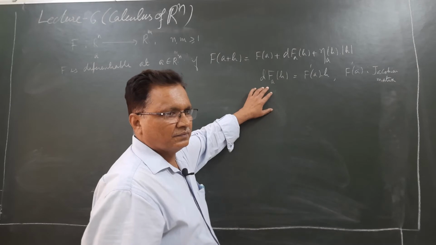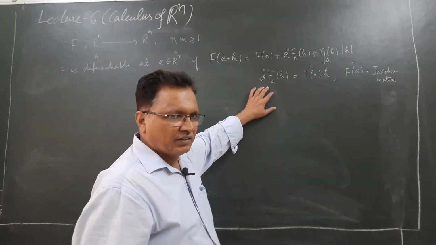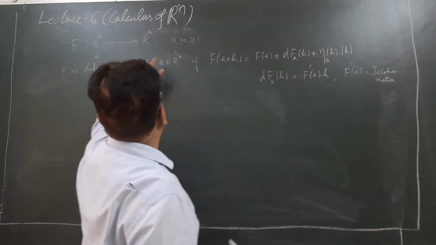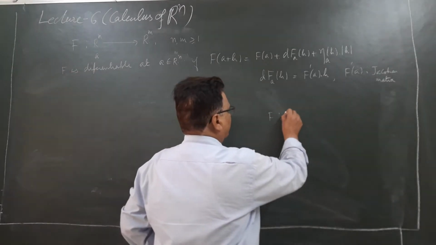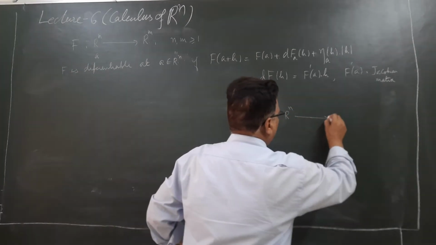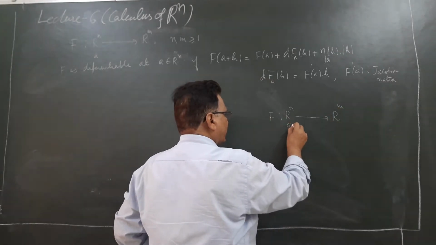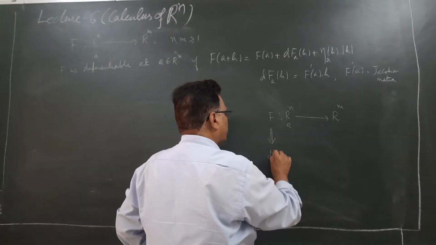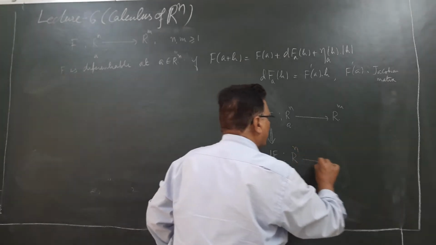This is not a linear functional; this is a linear function because f is a map. So let me recall, if f is a function from Rn to Rm, then what we have observed is that at every point A, wherever it is differentiable, it will give rise to a linear map df_A from Rn to Rm again.